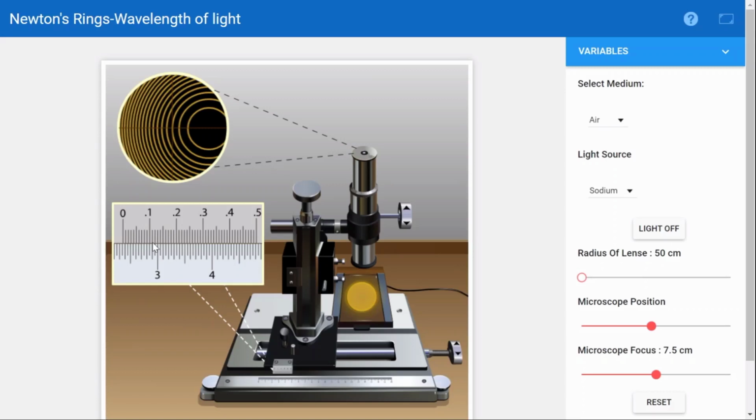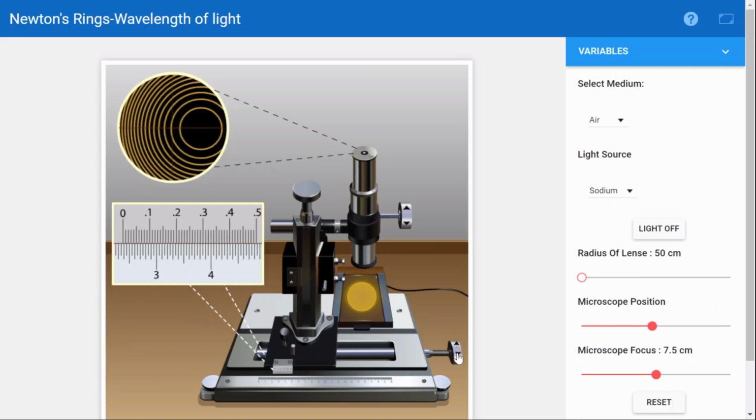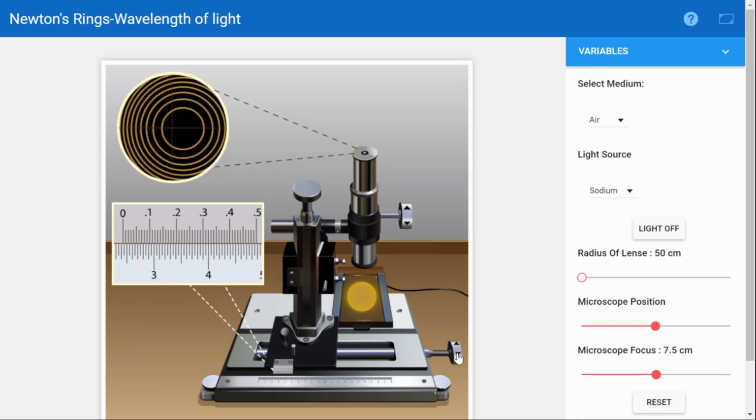Can anyone tell me the answer? Yes, 2.361. So note down that reading, 2.361, in the observation table. Okay, fine. Then I will go for the right hand side reading for the third ring.